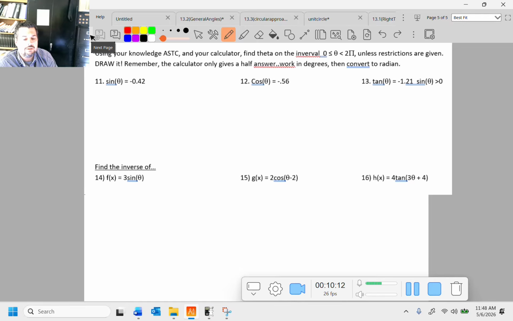All right, using your knowledge of ASTC and your calculator, find theta on the interval from 0 to 2 pi unless restrictions are given. And draw it. Remember, the calculator only gives a half answer. Work in degrees, then convert to radians. So I have no idea, and we're going to work in degrees and then convert to radians.